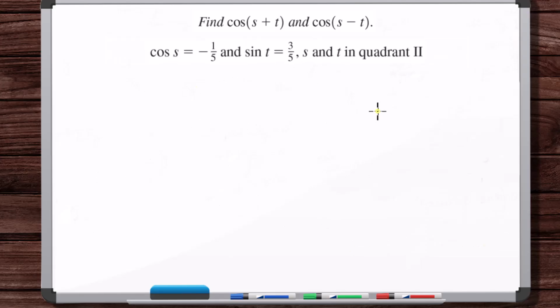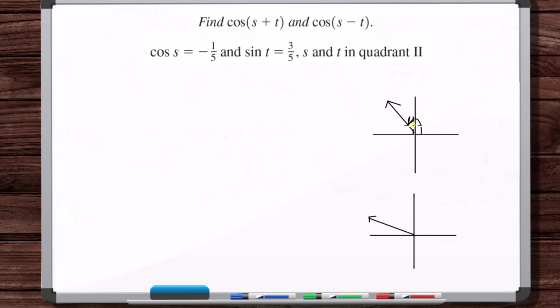Okay, same type of problem. We've got, so cosine s, it tells us s and t are both in quadrant 2, so let's just put this at some random angle.